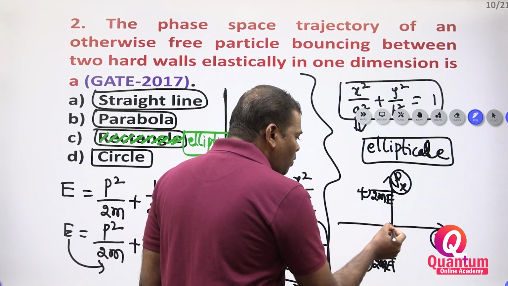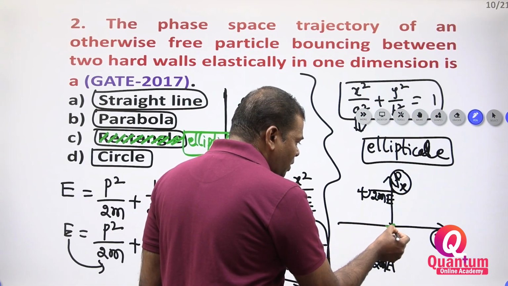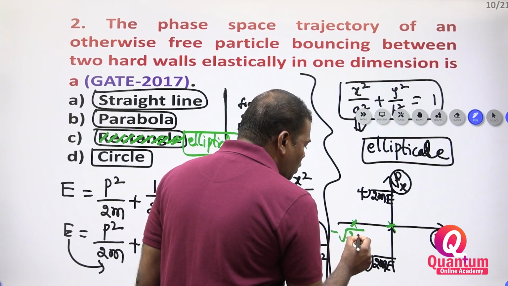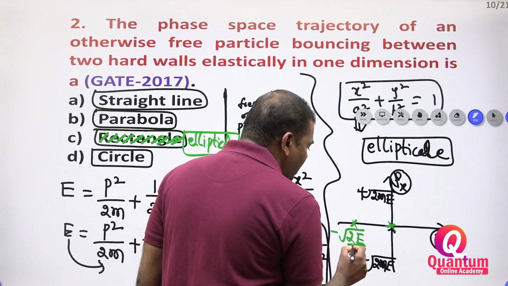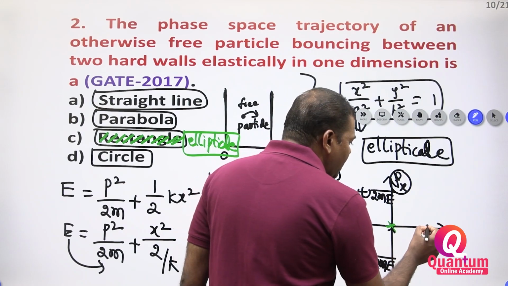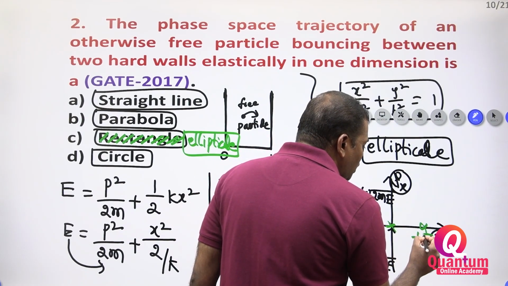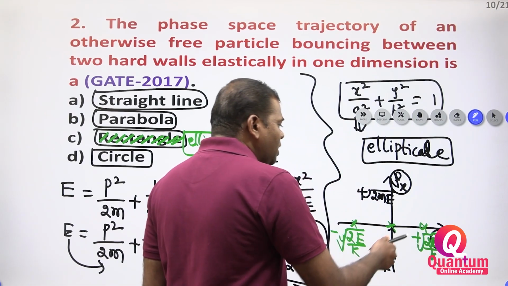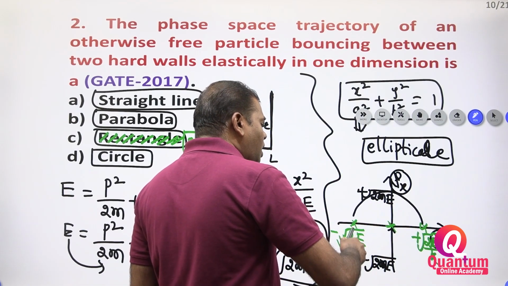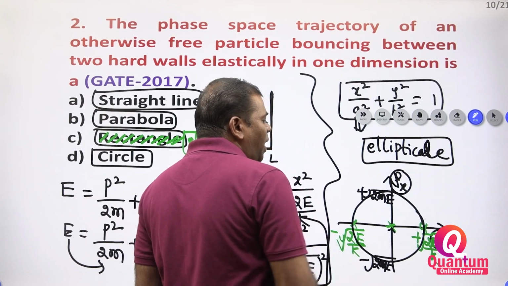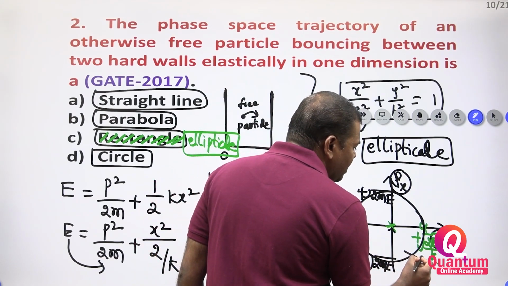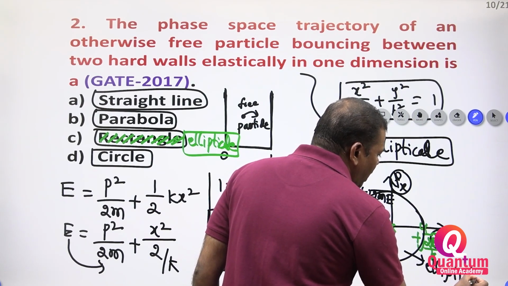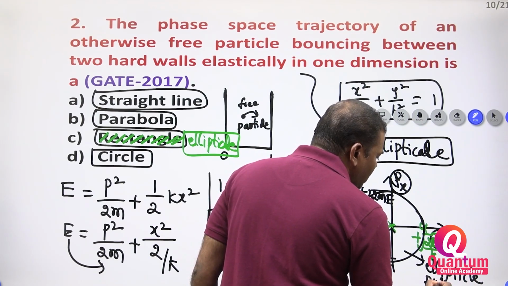If px is equal to 0, you will get minus root 2E by k, and here plus root 2E by k. If you join this path, which path is it? This path is an elliptical path, right?